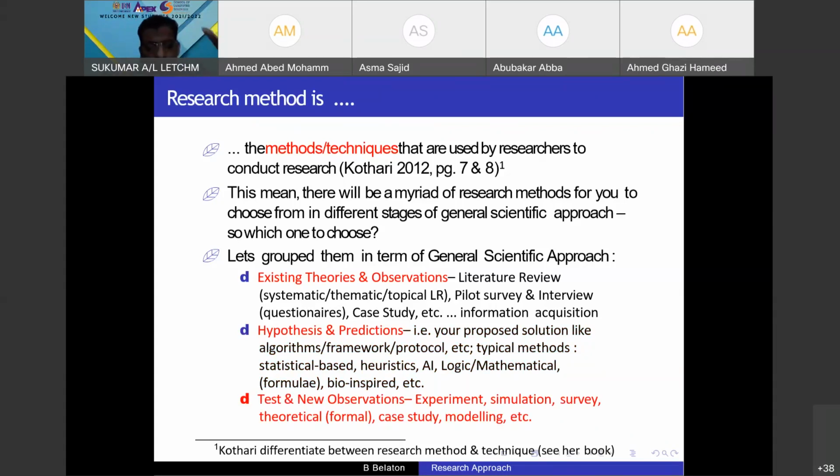What's the difference between them? You're asking what the difference is between each type that you mentioned? Yes, all types of research.